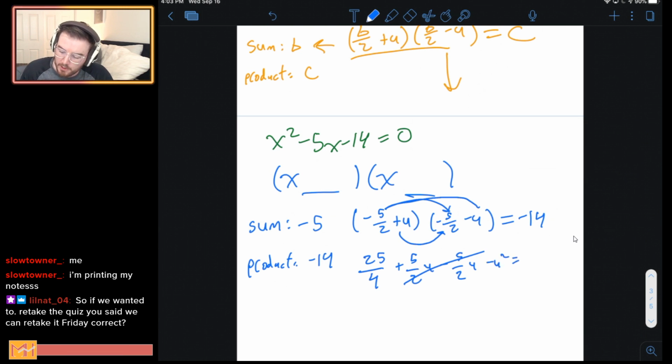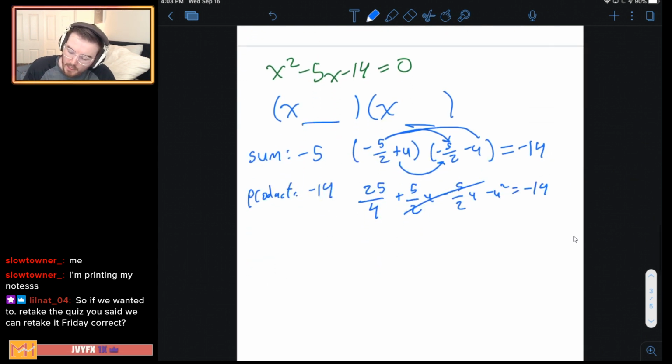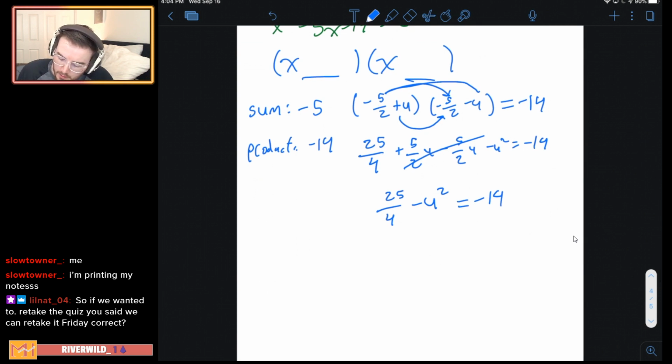Minus u squared equals -14. So 25 fourths minus u squared equals -14. I'm going to add the u squared to this side and add the positive 14 over to this side. Again, I am skipping some steps visually here, but I hope you're with me on that.